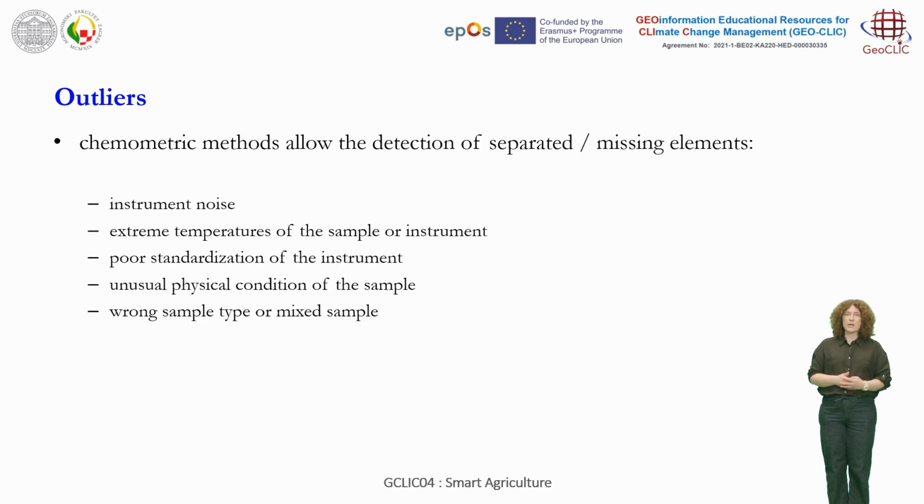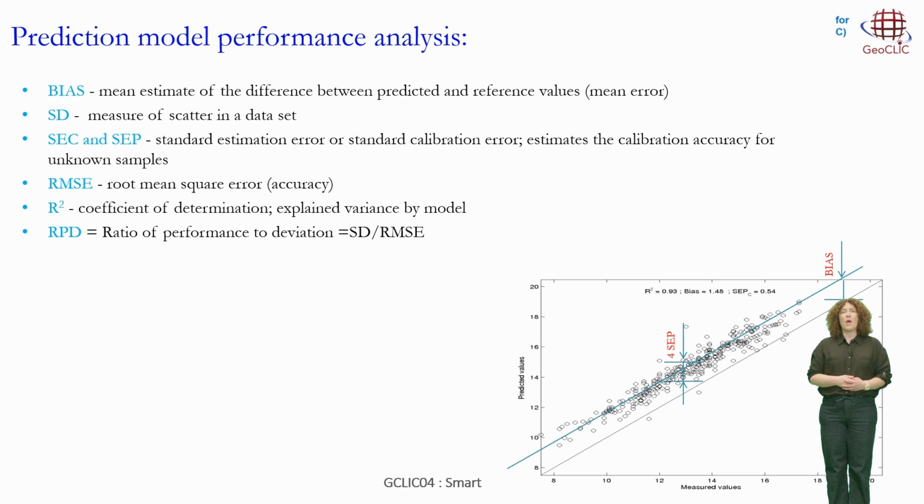During the calibrations, outliers can be marked and removed from further analysis as a result of different conditions regarding measurements, physical condition of the sample or instrument noise. How can we analyze performance of the prediction model?